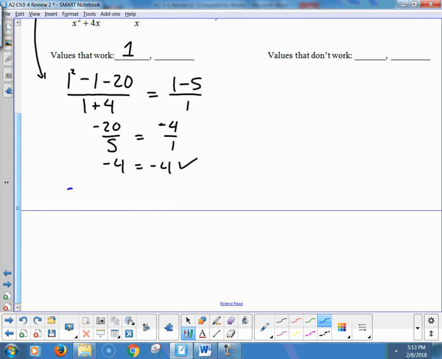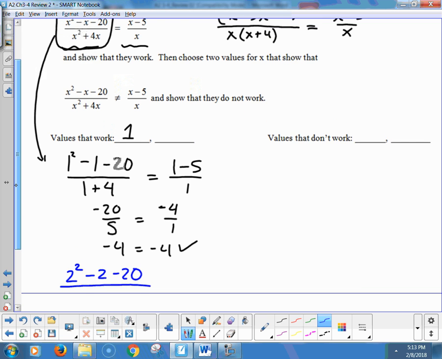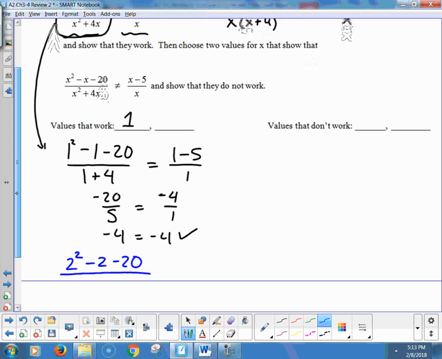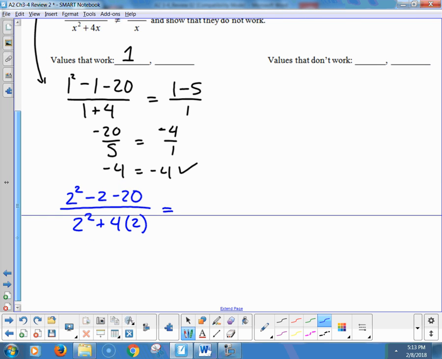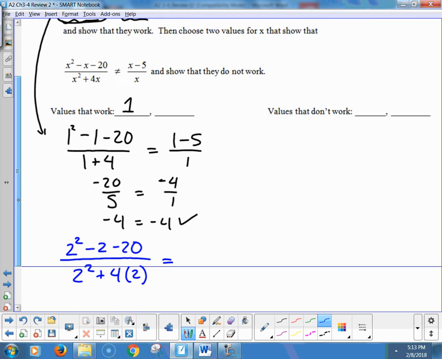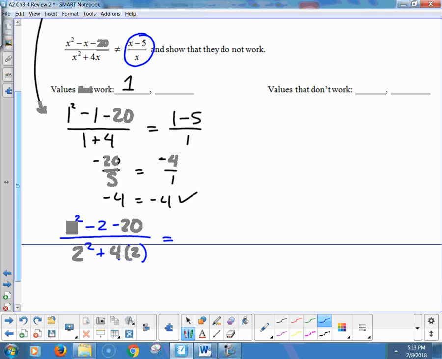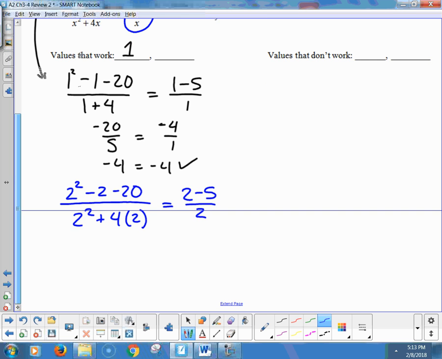I'll try 2. Is 2 squared minus 2 minus 20 over, what's my denominator? 2 squared plus 4 times 2. Does that equal, I think we can look right up here, 2 minus 5 over 2? Well, let's see. I'd have 4 minus 2 minus 20 over 4 plus 8.